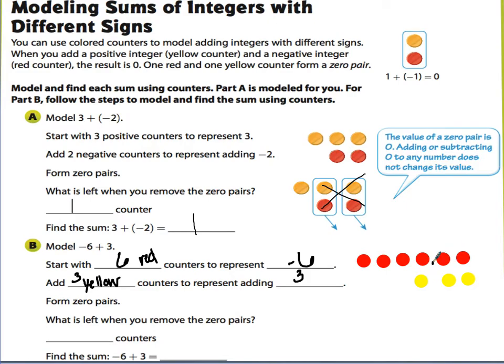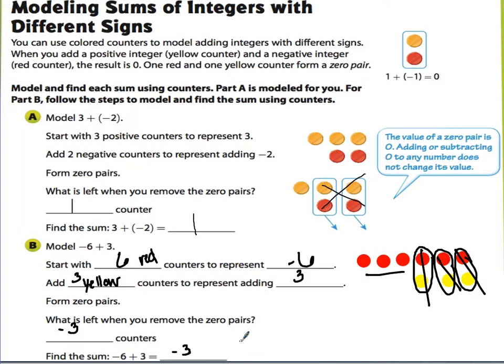So when I look at the pairs, these two cancel each other out, these two cancel each other out, and these two cancel each other out. And I'm left with 3 negative counters. So the sum of negative 6 plus a positive 3 is negative 3.